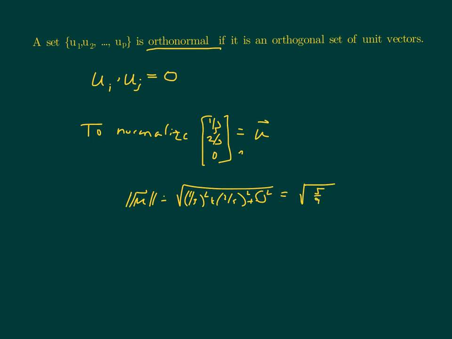And then to normalize u, we're just looking for a unit vector in the same direction, and that is equal to the square root of 9 over the square root of 5 times the vector, or 3 over the square root of 5 times u, and so that gives us 1 over the square root of 5, 2 over the square root of 5, and then 0.